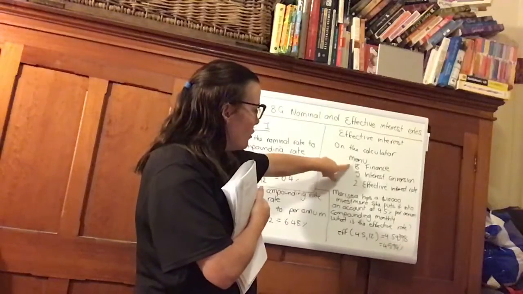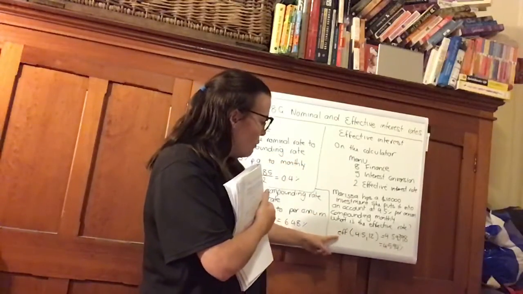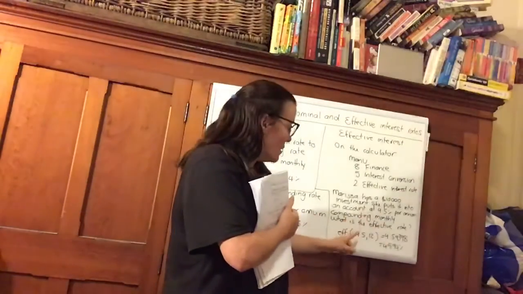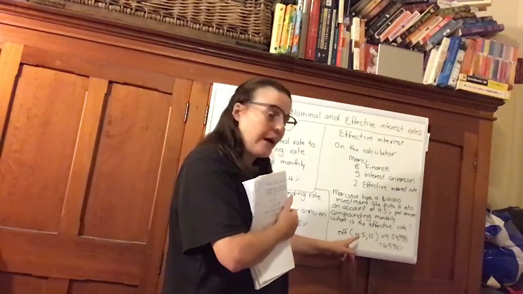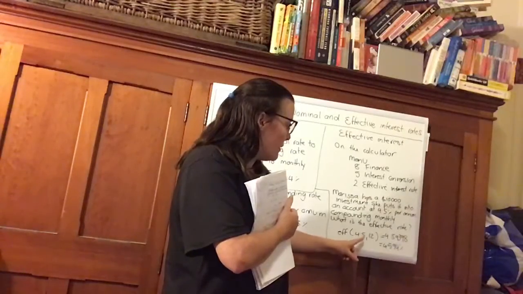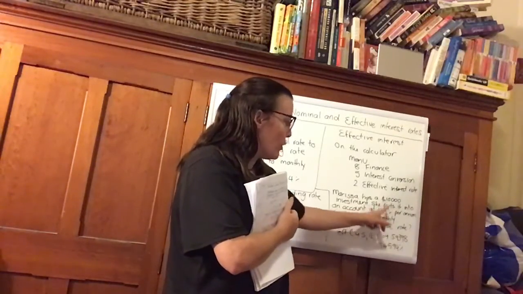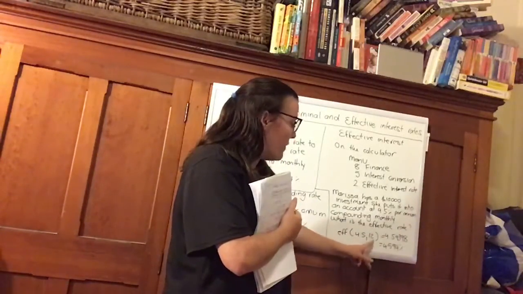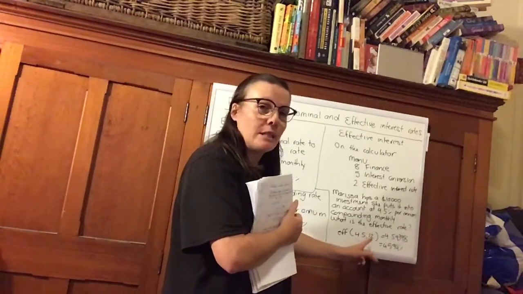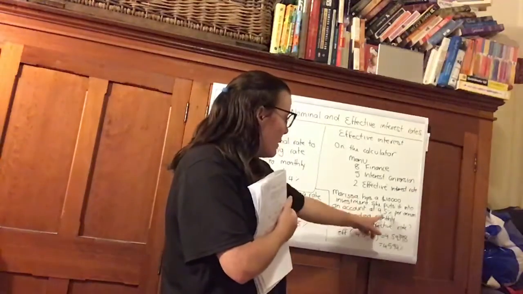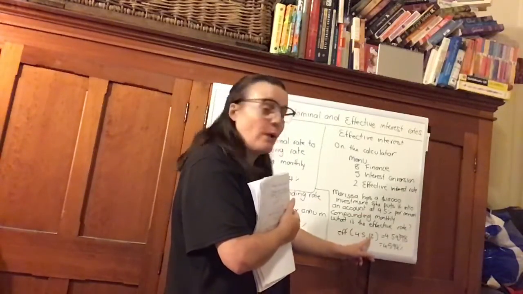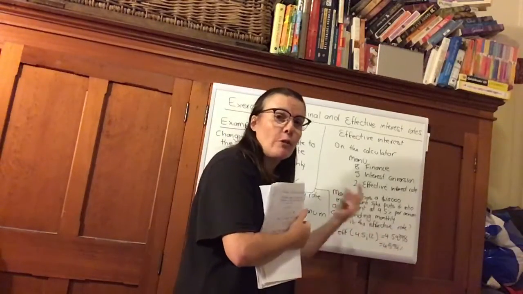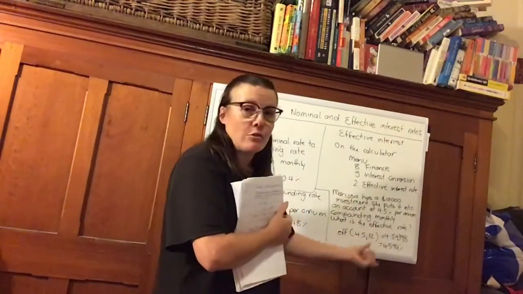So you go menu 852, and it will give you EFF and a bracket. So in the first part of the bracket, you put 4.5, so the percentage, the per annum rate. You put the comma, and then you put how many compounding periods. So this was compounding monthly, so we're going to put 12, and then you just hit enter, and it will tell you what the effective interest rate is.